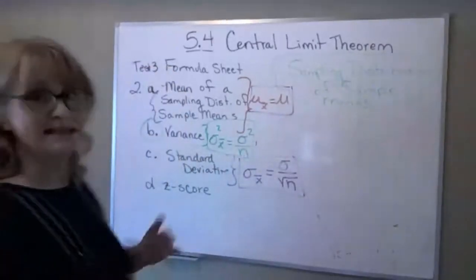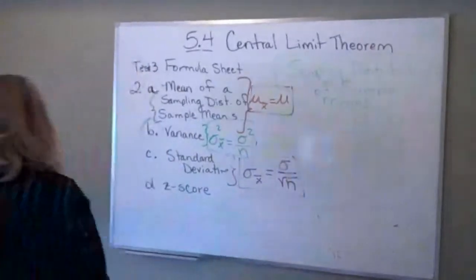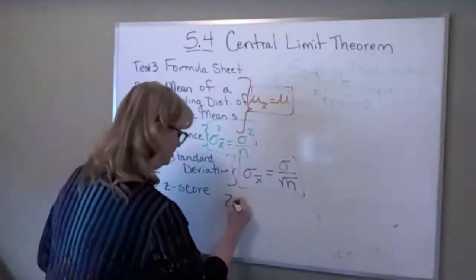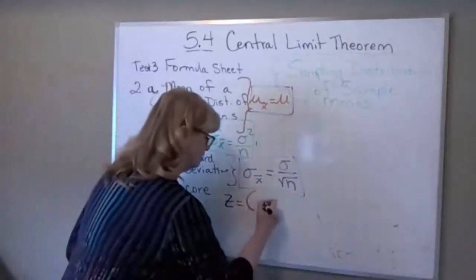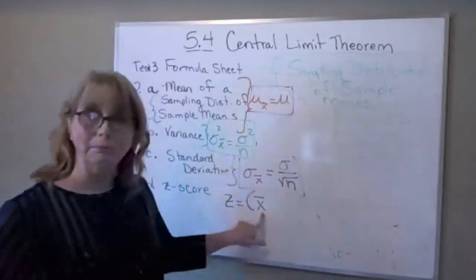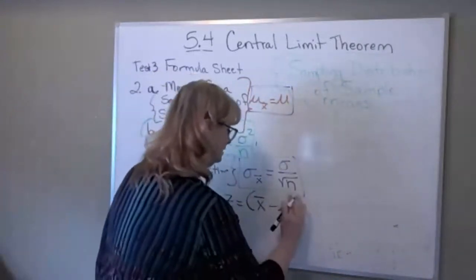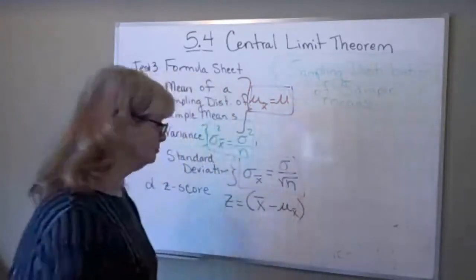And then to find the z-score, this isn't really a new formula. It's just that when you're doing a z-score for a sample mean, you have to subtract the mean of the sample means, which is the same thing as mu.